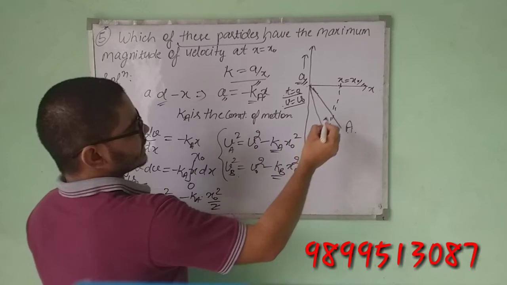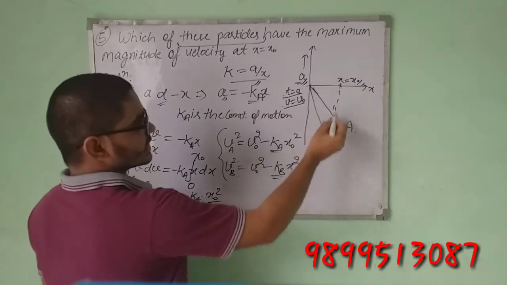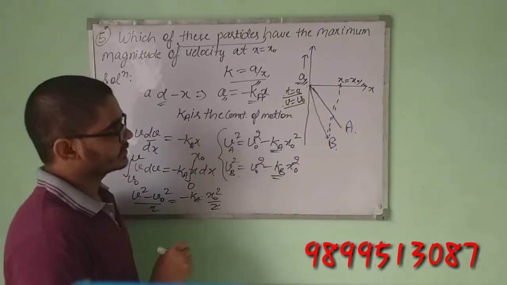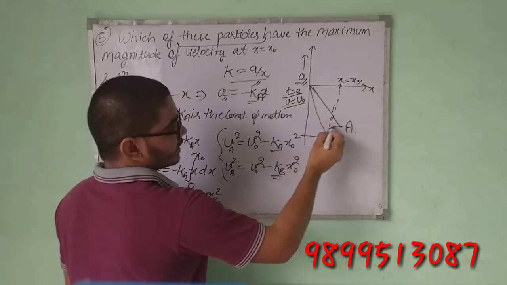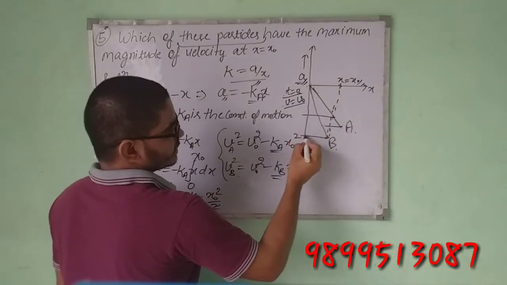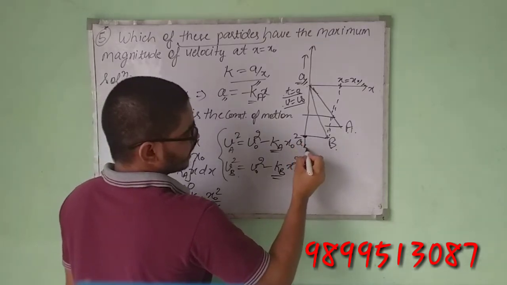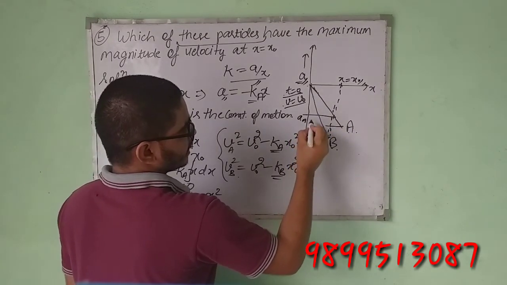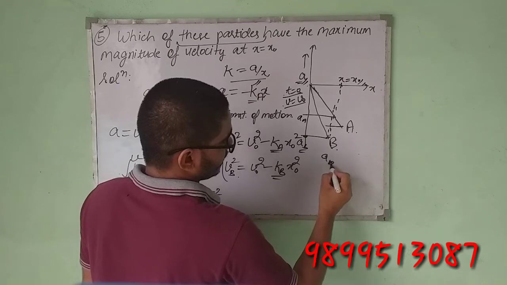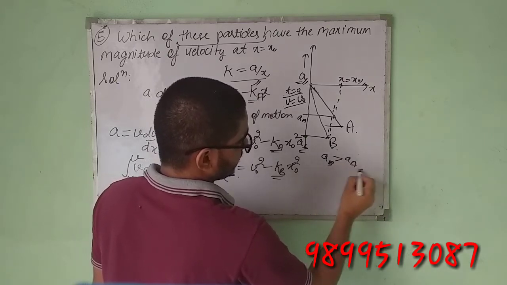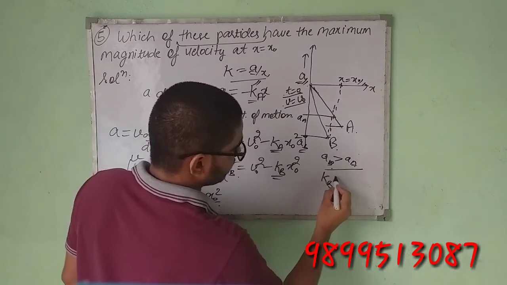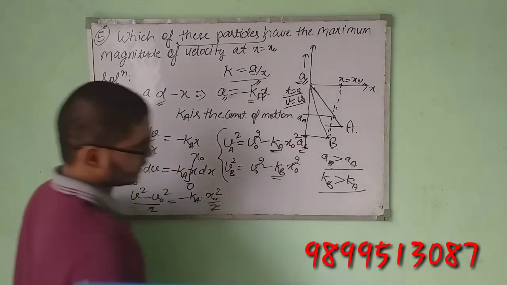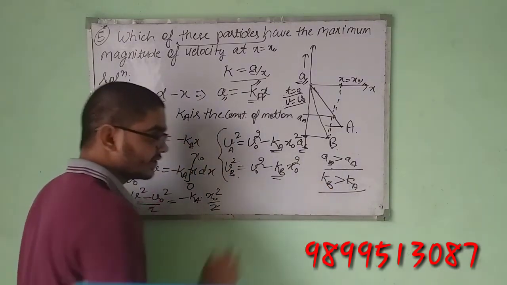Now if you see at x equal to x naught, since the value of x is same for both of these particles, but for particle B, the value of a is this one, say AB, and for particle A this is A. So AB is greater than A means the value of KB will be greater than K.